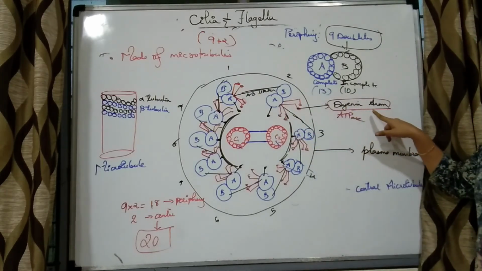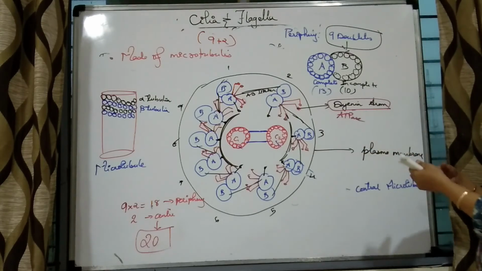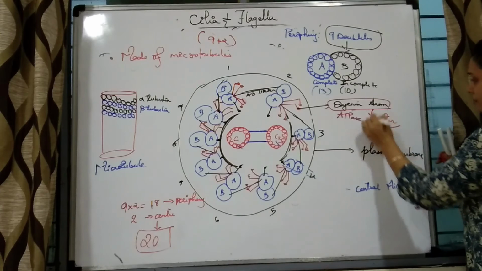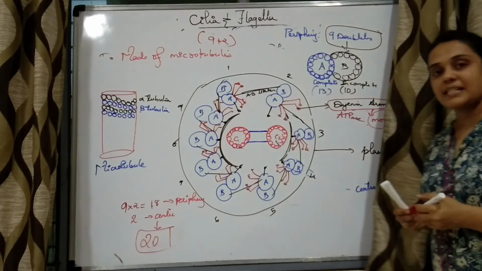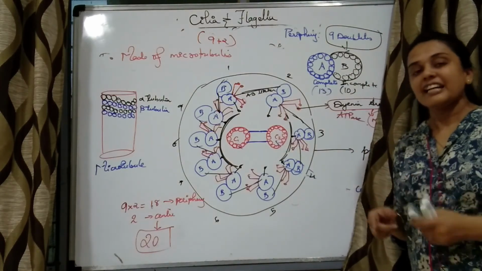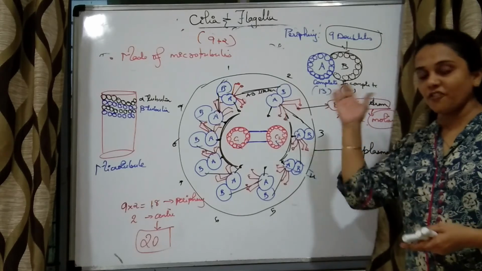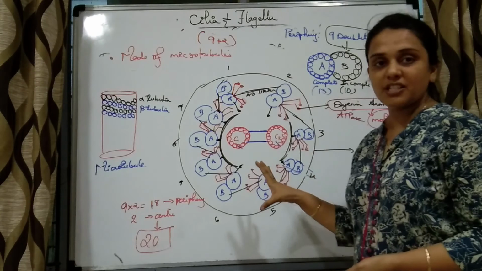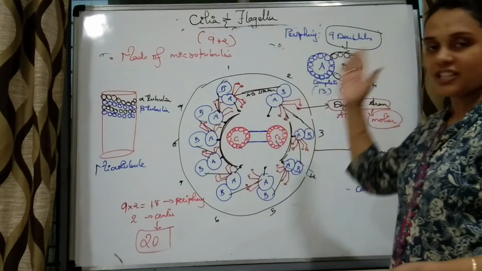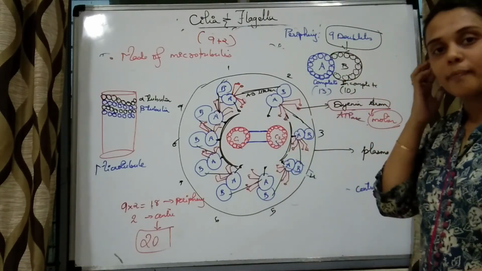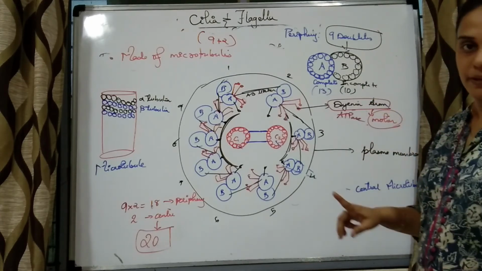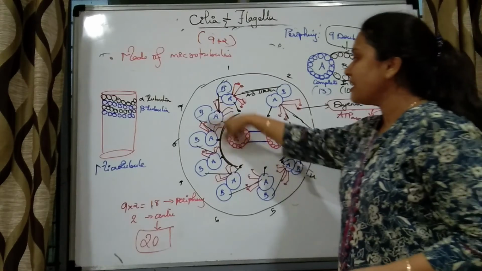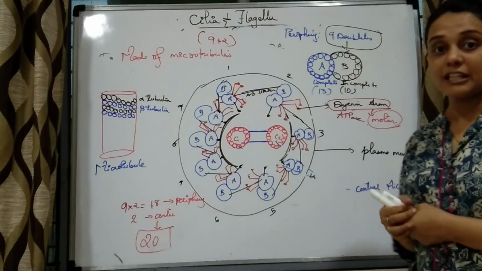Very important, the dynein arm functions as a motor, or ATPase enzyme, which means it is utilizing energy for the beating movement of the cilia. This much is clear. So cilia and flagella have their own movements and dynein is helping it. The structure is 9 plus 2, 2 central and 9 peripheral doublets.